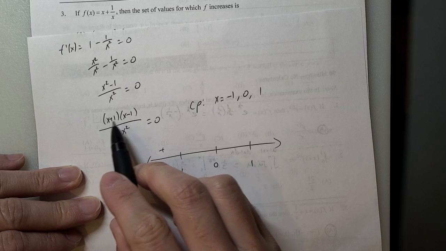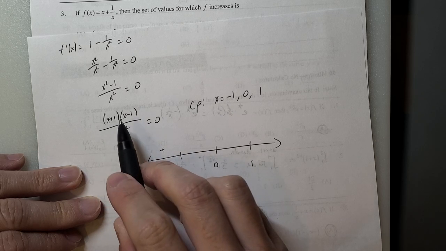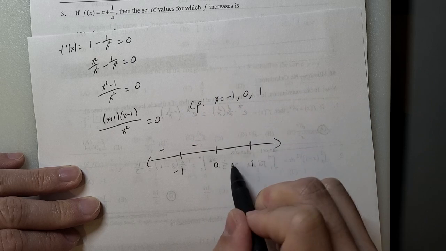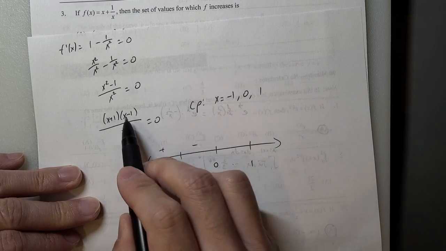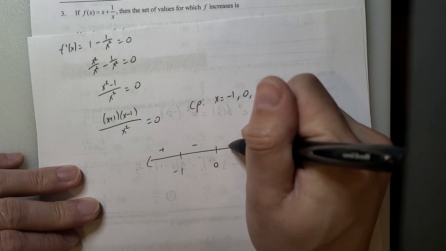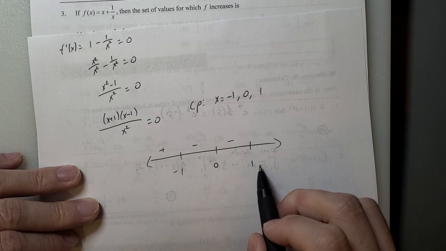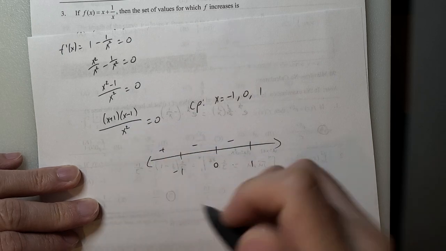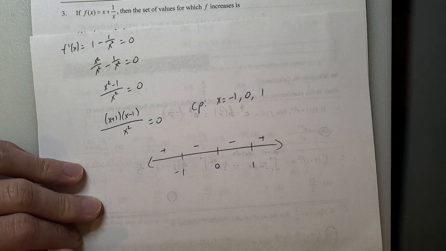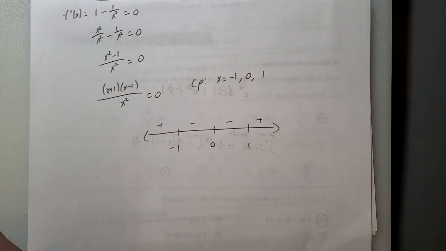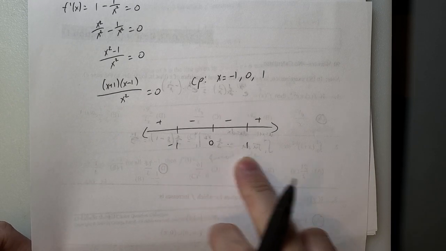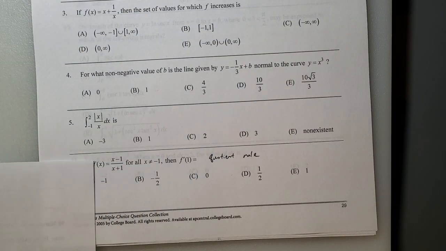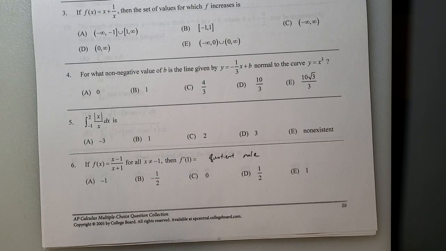This is positive, this is negative, so that becomes negative. Plug in like half, this is positive, this is negative. Okay, so this is negative. And we plug in a huge positive number, these two will be positive, so positive. So it's increasing when x is less than -1 and when x is greater than 1. Okay, so that looks like choice A. Let me double check that's the answer, yes.